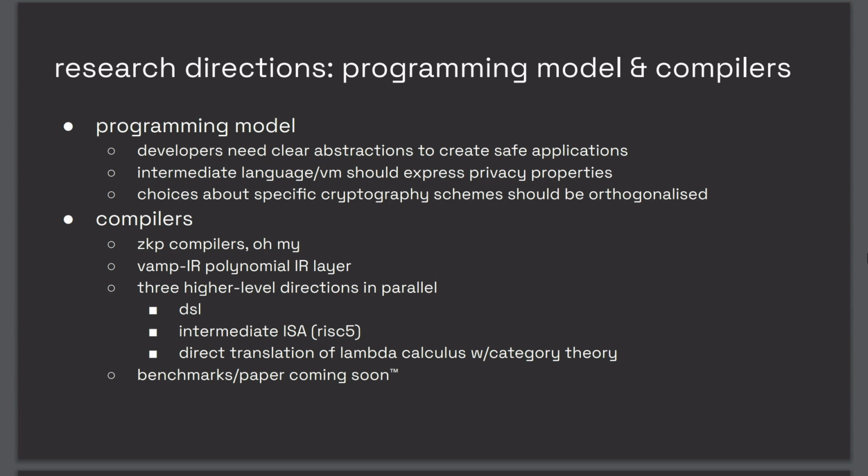So many brilliant compiler engineers have built LLVM, which is an abstract register machine, which has an infinite number of registers. And the LLVM translation passes convert infinite register code to finite register code. So similarly, we think that it makes sense for this kind of layer to exist in the zero-knowledge proof system compiler stack. And most zero-knowledge proof systems work with some representation of polynomials, but they have specific constraints on those polynomials.